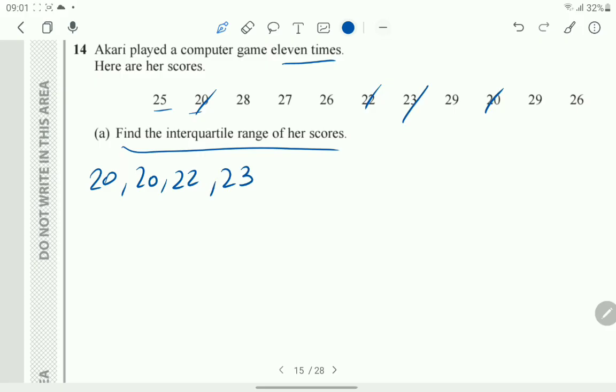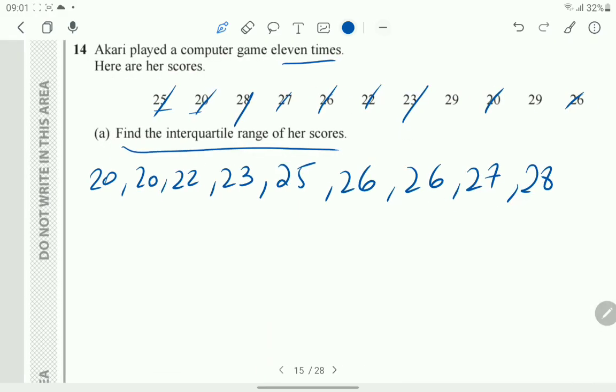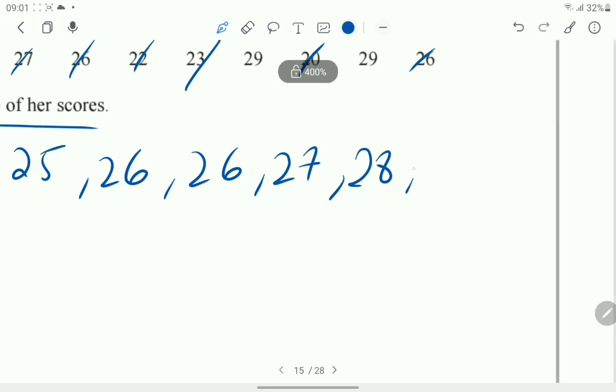And do you see a 24? No. There is a 25, and there are two 26s. There is a 27, my bad. There is 28 and two 29s.